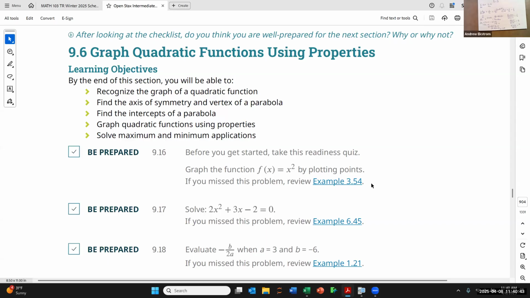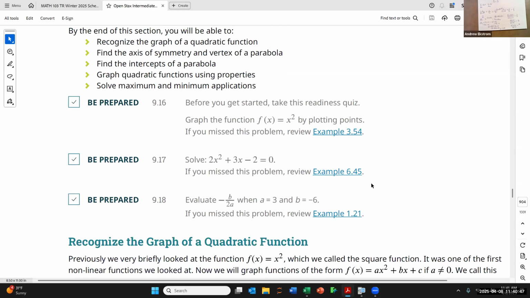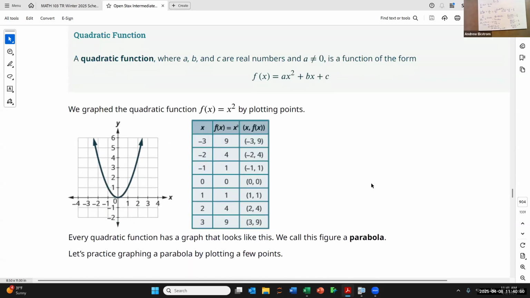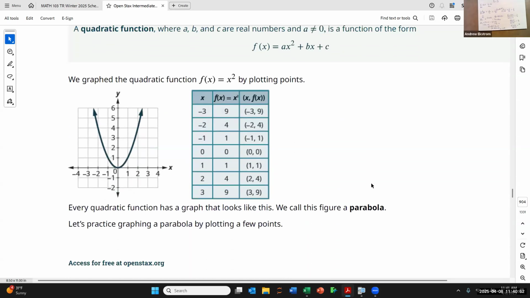So this is going to be a lot of boring stuff. So one of the things that they're trying to get you to do here is plot the points based on f of x equals x squared.